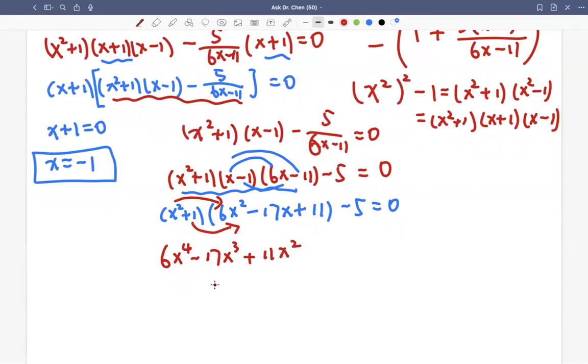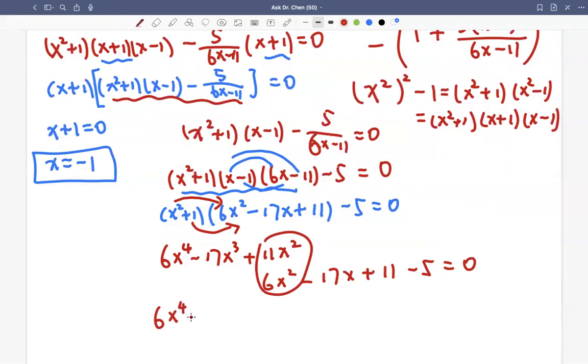So 1 times 6x squared is positive 6x squared, then minus 17x, then plus 11. Then minus 5 equals 0. Those two are like terms. So we get 6x to the 4th minus 17x cubed plus 17x squared minus 17x. The 11 minus 5, we get plus 6 equals 0.